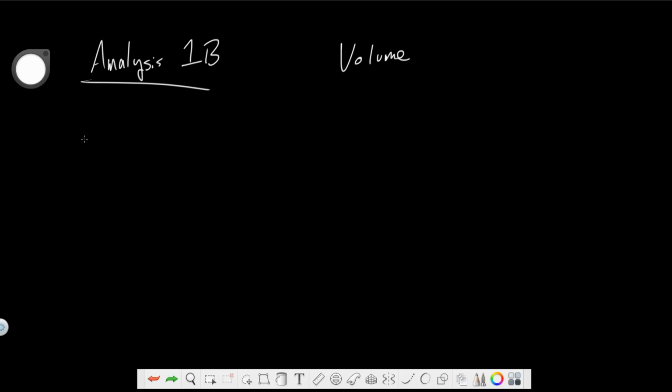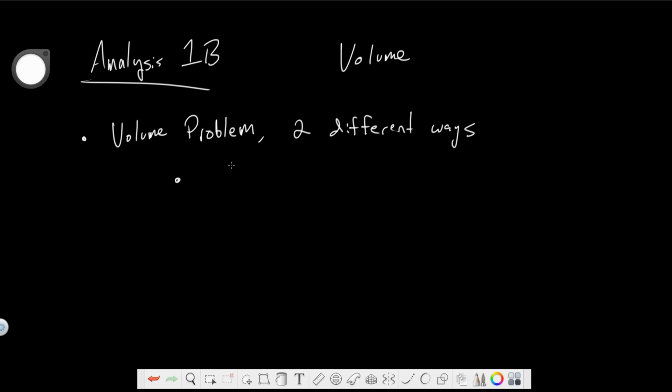By the end of this video, we will have done a volume problem in two different ways. Those two different ways are by the washer method and the shell method.